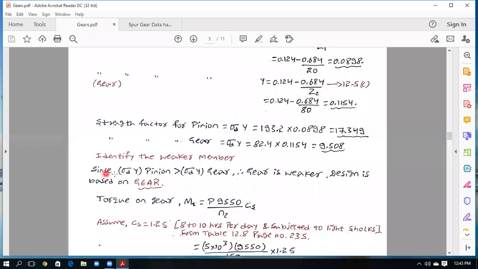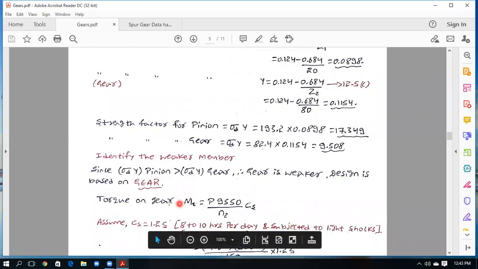Since sigma D Y of pinion is greater than gear, therefore gear is weaker, and whichever is weaker, that is the one to be designed. Therefore the further design procedure is based on gear.